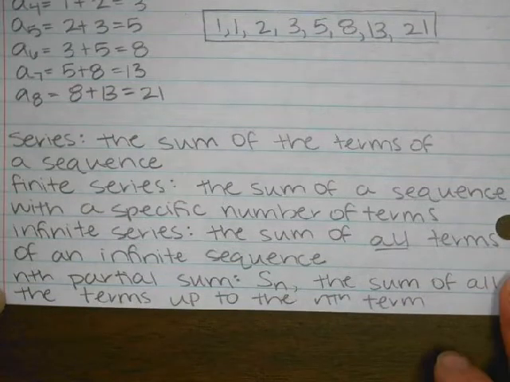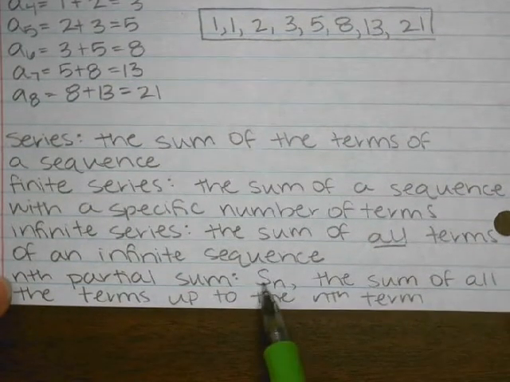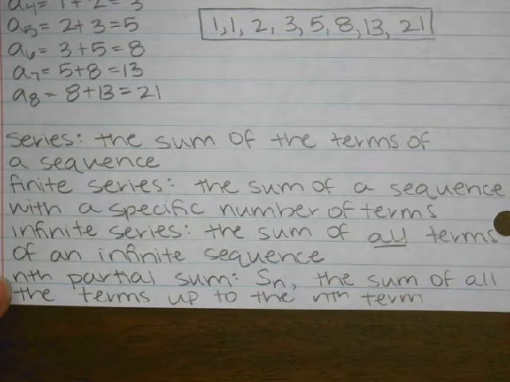So if the partial sum is the fifth partial sum, then that would be S sub 5, and you would find the first term, second term, third term, fourth term, and fifth term and add them all up. So that's what the nth partial sum is.